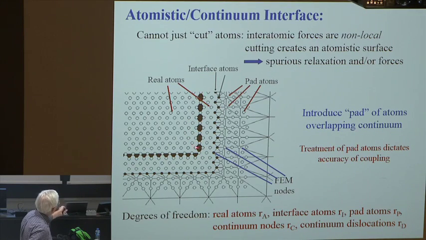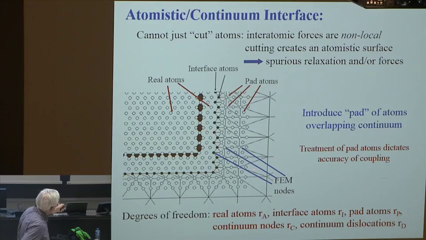So these real atoms, the only reason they know FEM is here is because these atom positions are controlled by FEM. And if the atom positions are exactly correct, these atoms don't even know that FEM is controlling things over here. So I have an atomistic problem which terminates with the black atoms here, and then I have these pad atoms on the outside that transmit the FE deformations to the inside.